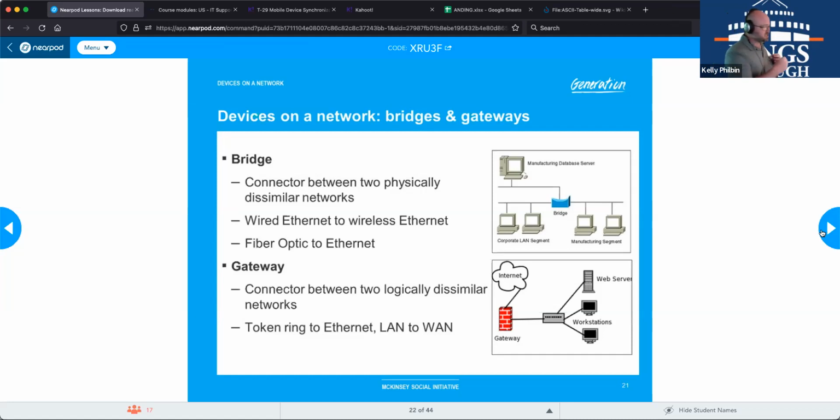These are logically different. We have a star, we're moving to a bus. You're connecting those logically different networks together. Does that make sense? So bridges connect physically different, gateways connect logically different.